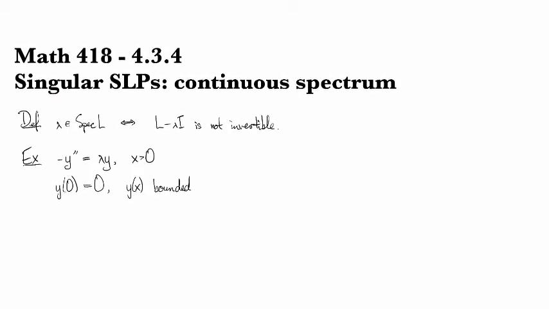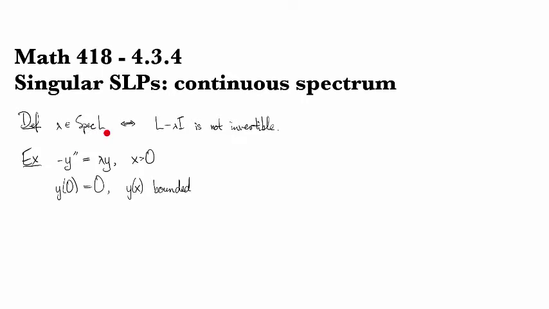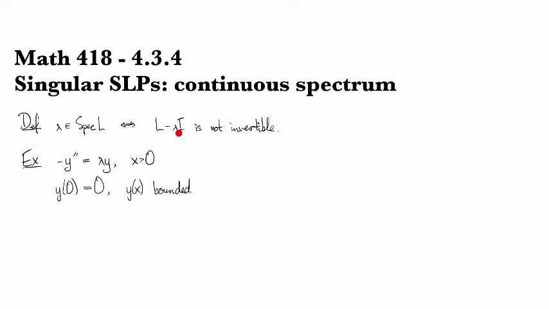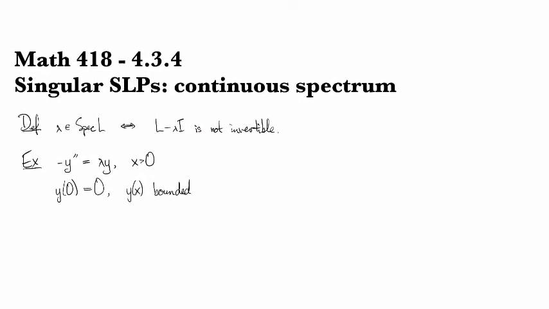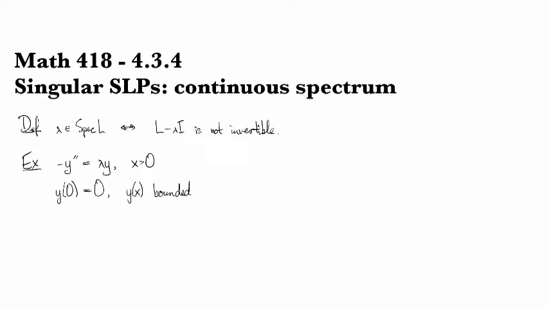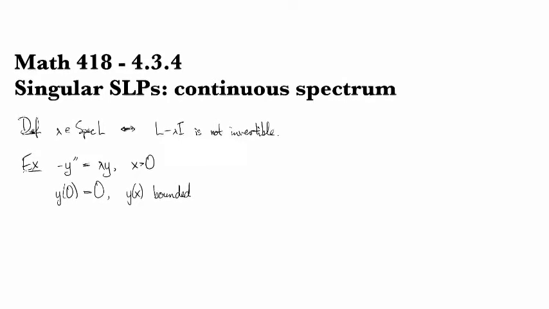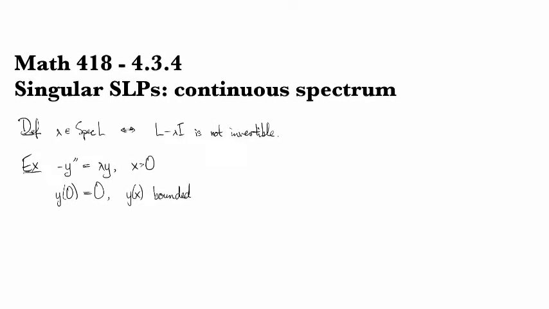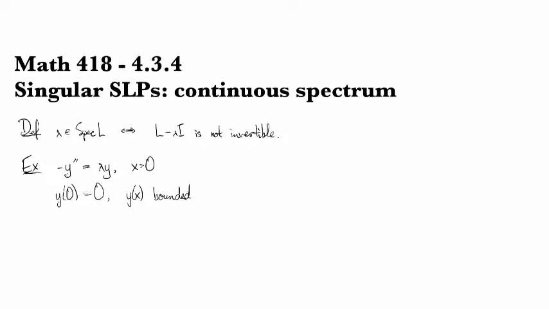And so the spectrum consists of all the values for which L minus that value times the identity operator is non-invertible, right? And for regular Sturm-Liouville problems, one of the things that I mentioned earlier was that the eigenvalues are all discrete values, which maybe didn't make a whole lot of sense.